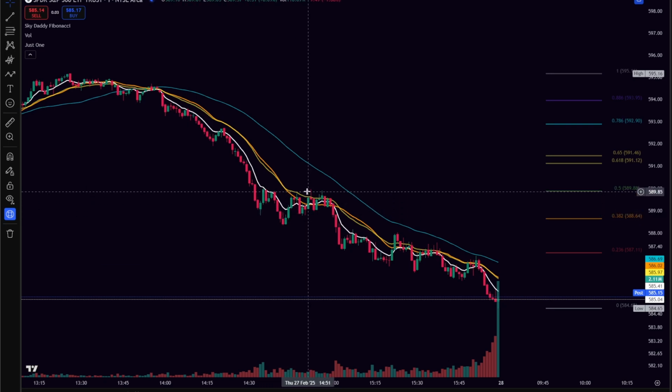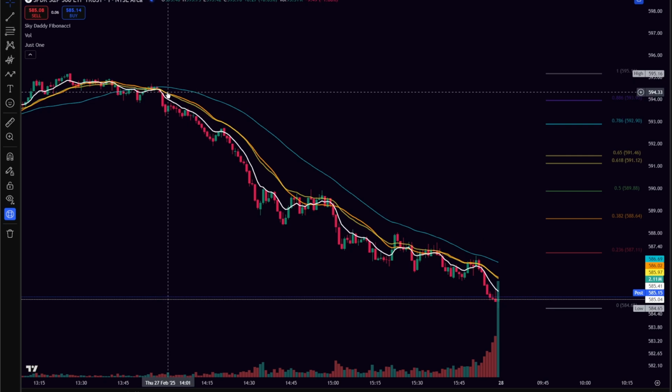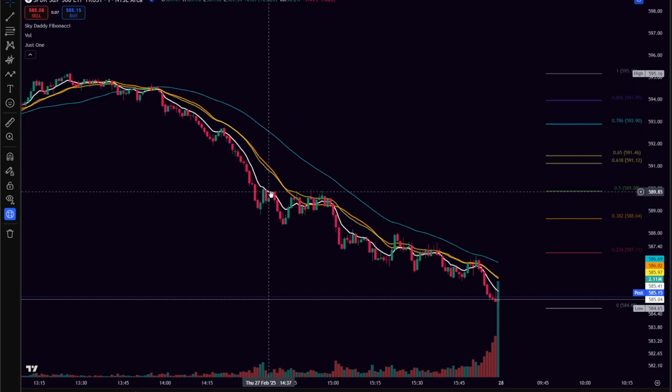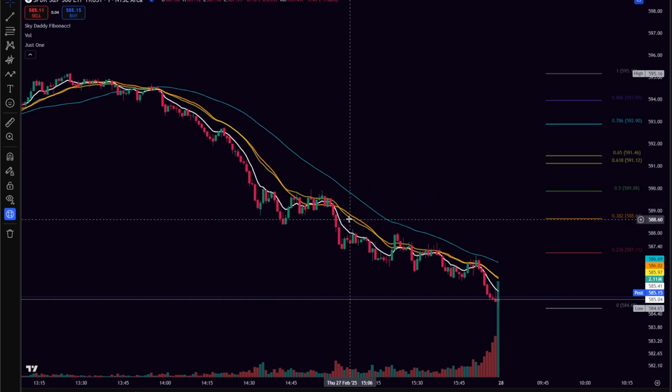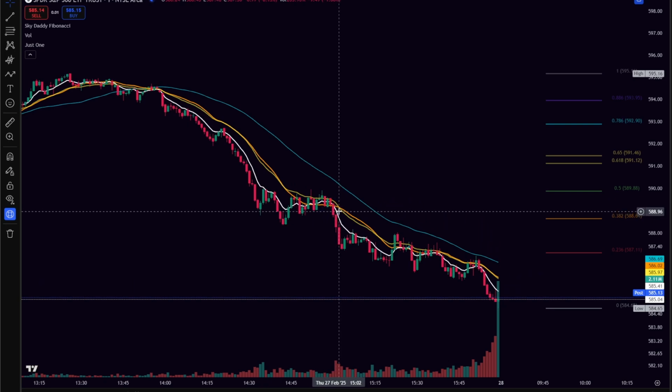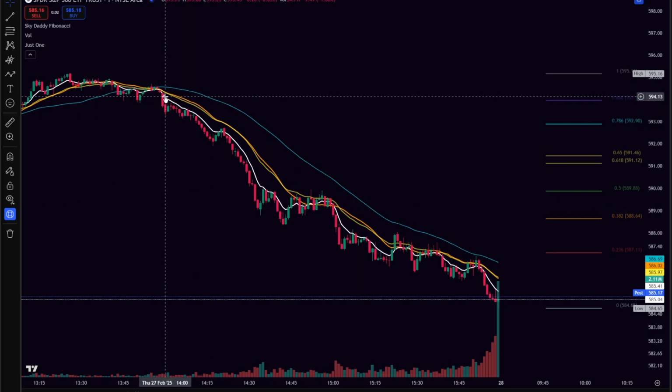If I didn't catch this, I'm looking for backtests in these areas, or I'm waiting for this consolidation phase and the potential breakdown to enter. Basically, I'm waiting for the 21 EMA to fall back in front of the 20 moving average if I didn't catch it all the way up here.